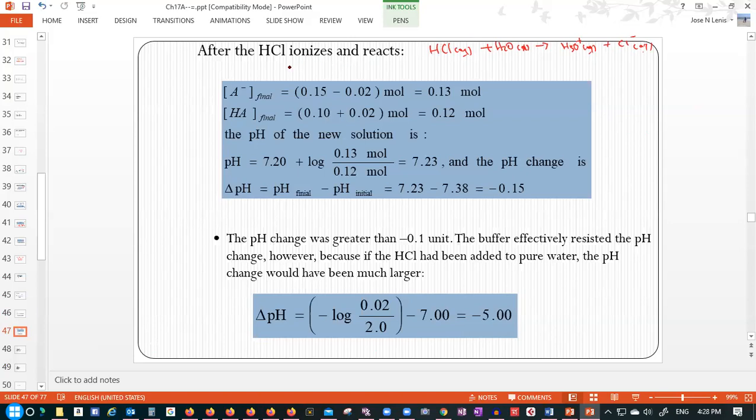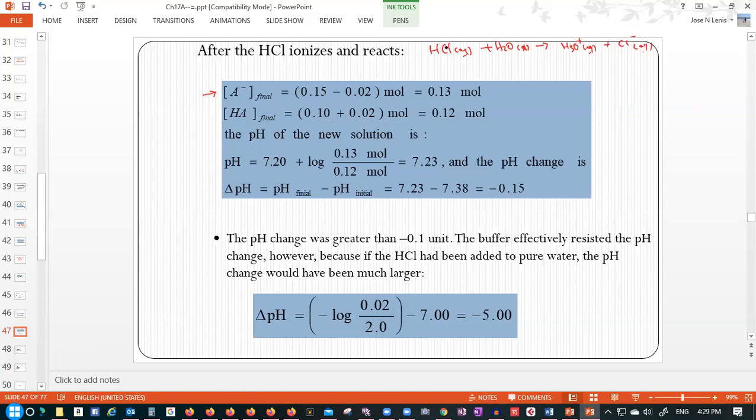Who's going to be affected? Remember on the previous example, what species, the salt or the acid, will come to counterattack the addition of acids? And we said the conjugate salt, because this is negative and really wants protons. If you provide those protons, it's going to react with this right away.